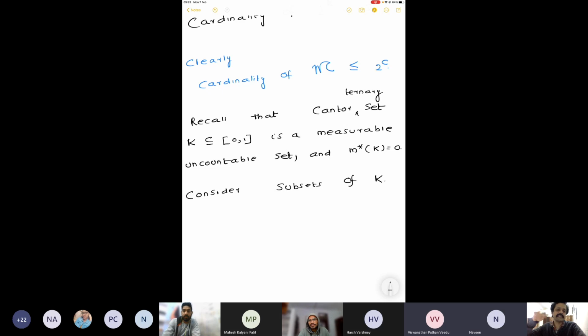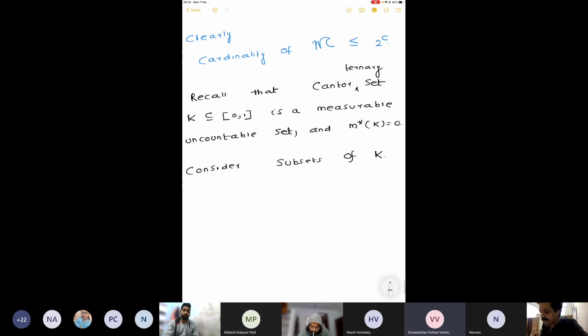Every subset of C is measurable. Every subset of K is measurable. And therefore, you will have at least as many measurable sets as subsets of K. Consider subsets of K, which are all measurable.